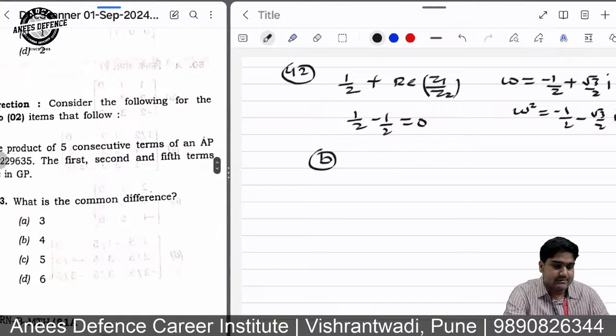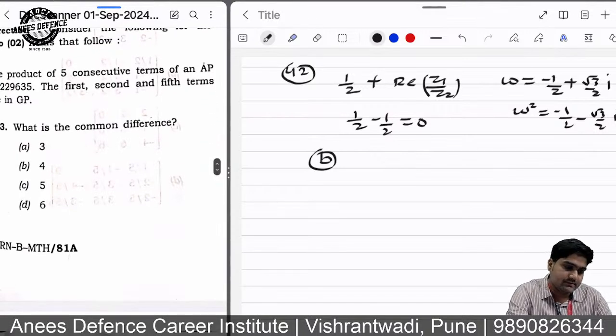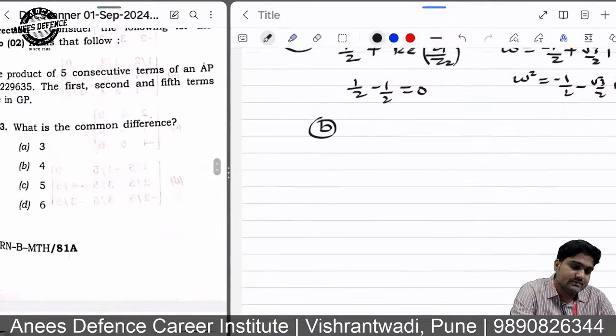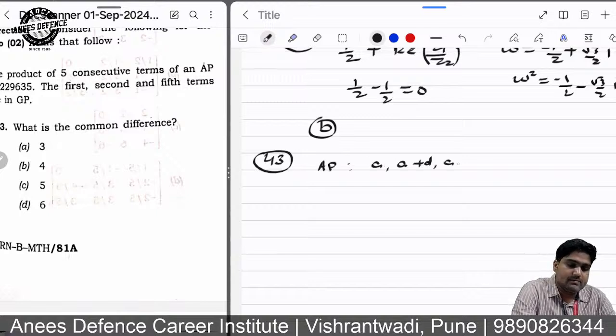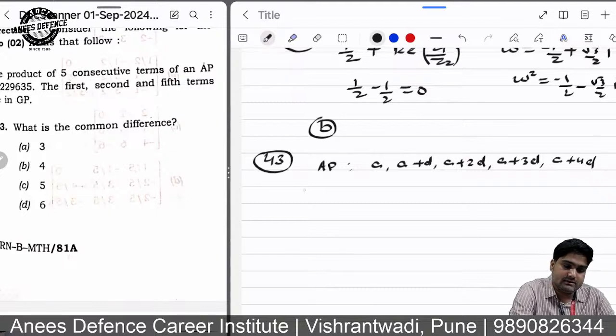Okay. Next question, 43. Again, this is a direction-based question. First consider 5 terms of a consecutive AP. The terms are A, A plus D, A plus 2D, A plus 3D, and A plus 4D. These are the 5 terms of the AP, and the product of the terms is given.